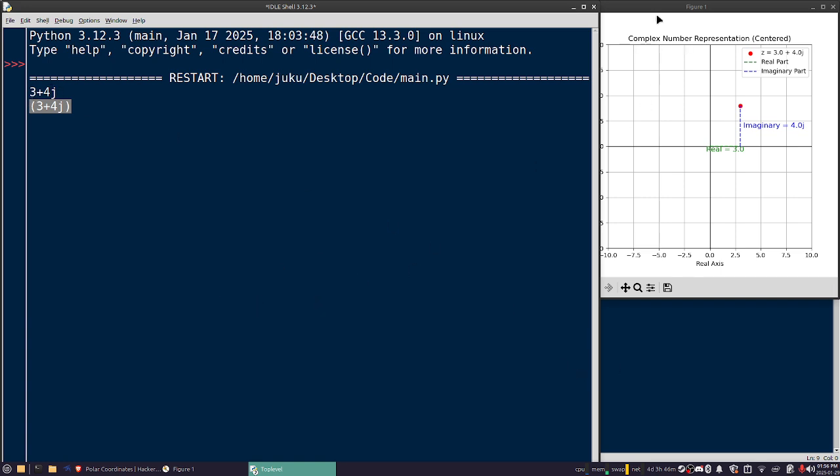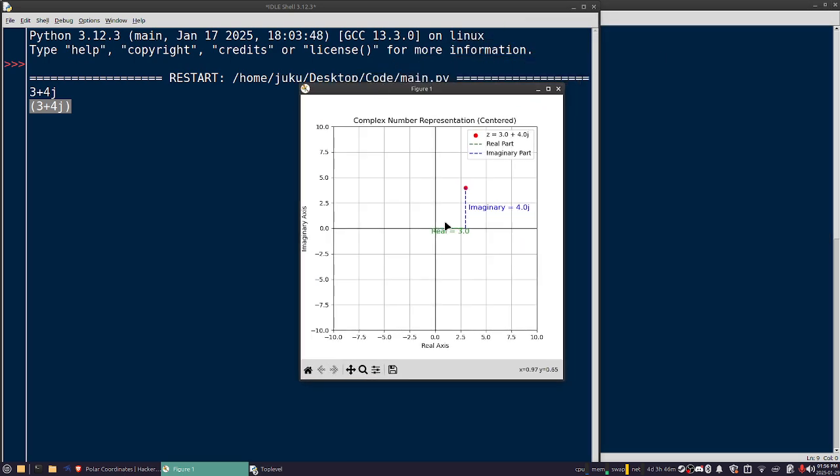I also do have some code here for a graph. So just like with the other example in Hackerrank, this is the graph. We have the x portion in green, and then we have the y portion in blue. And we need to calculate r, which is the distance from the origin to this red dot here. And then we also need to calculate the angle of this section near the origin.